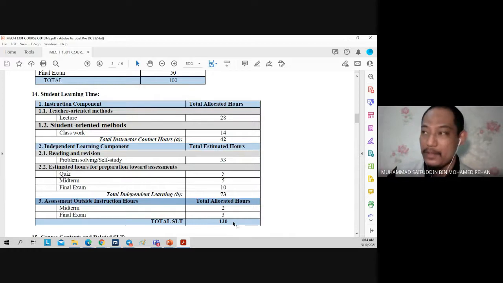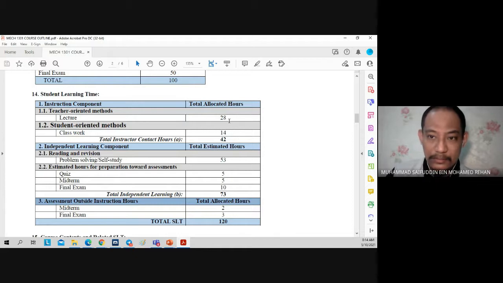So at the bottom here is basically just the assessment time, meaning that you have 2 hours of midterm and 3 hours of final exam. But to prepare for the exam, it is expected that you spend at least this much time, right? For final exam, at least 10 hours of preparation, midterm 5 hours, for quizzes, cumulatively 5 hours.